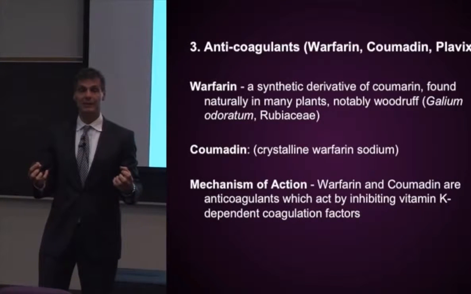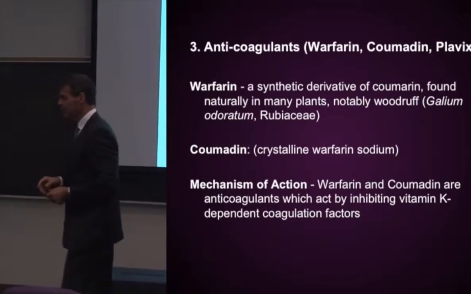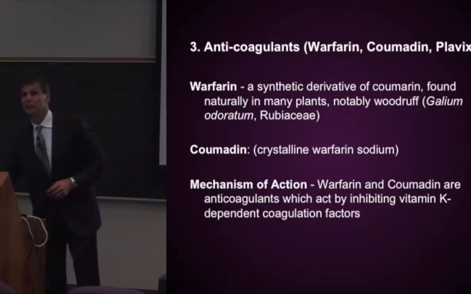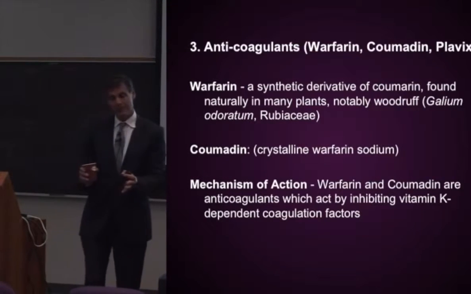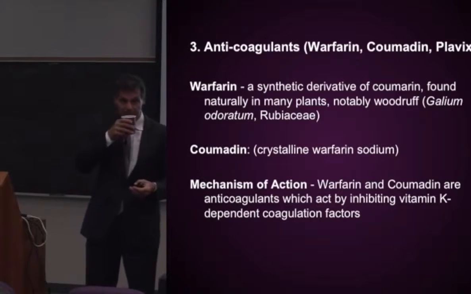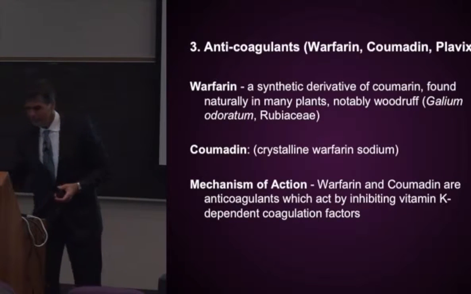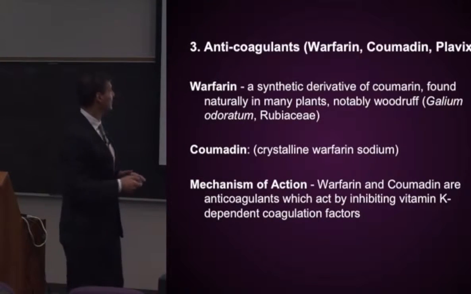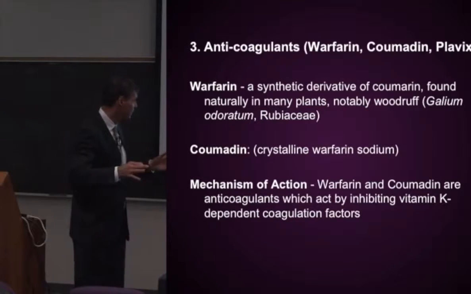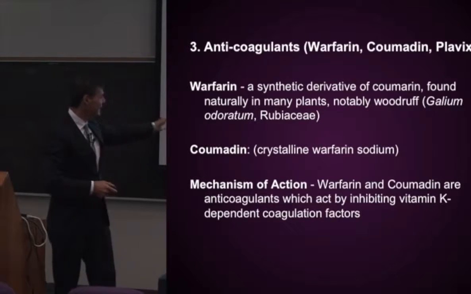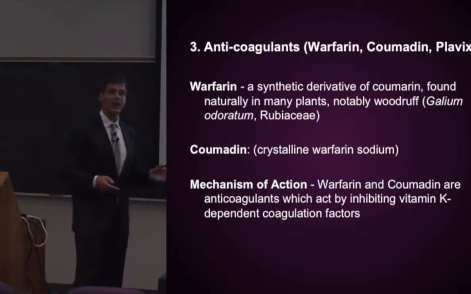You're probably familiar with this. And they can take these coumarins and easily convert them into the drug coumadin. So coumadin actually is sort of a plant-derived natural agent. And then they can make a synthetic derivative that they call warfarin. And they both do the same thing. They inhibit these vitamin K-dependent coagulation factors.